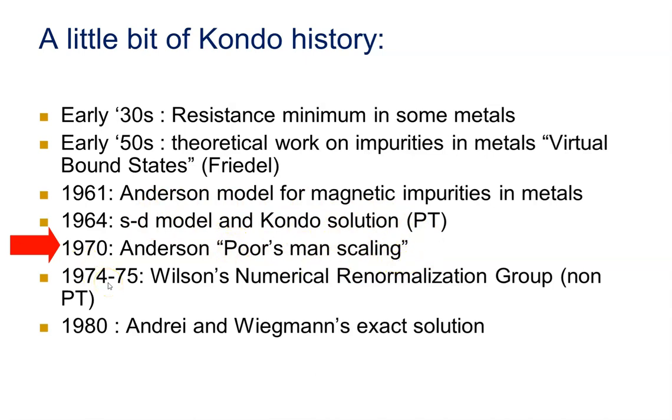And in the 70s, around 75, for instance, that's when the Reviews of Modern Physics paper by Ken Wilson came out, where he laid out the basis for his numerical renormalization group, which is not perturbation theory, and you could describe not only the onset of the Kondo effect, the magnetic screening of the impurity by the metallic electrons, but also do it in a way that involves no divergence.